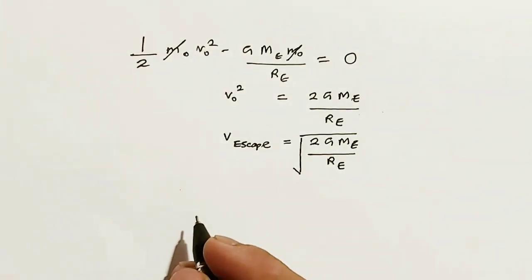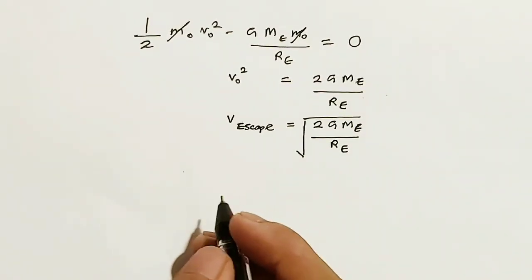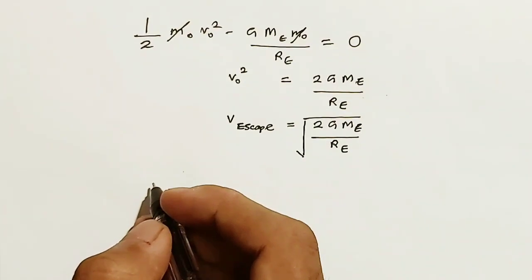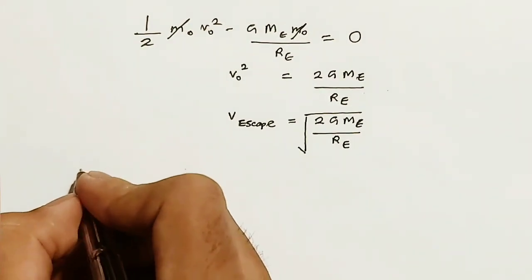We can also use another simplification. The escape velocity for this situation can also be understood as a work done.